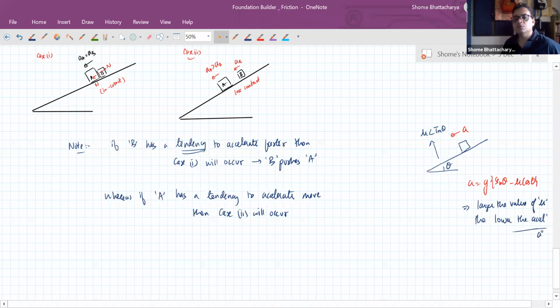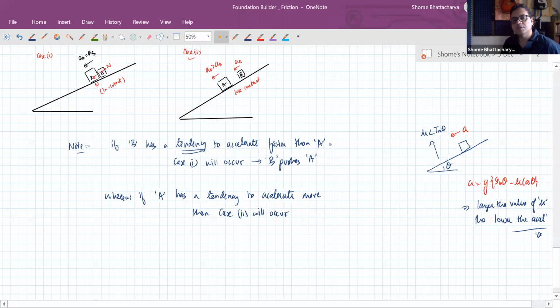The larger the value of mu, that much lower will be the value of a. So for B to have a tendency to accelerate faster than A, what is the condition for that? B should have a smaller coefficient of friction.